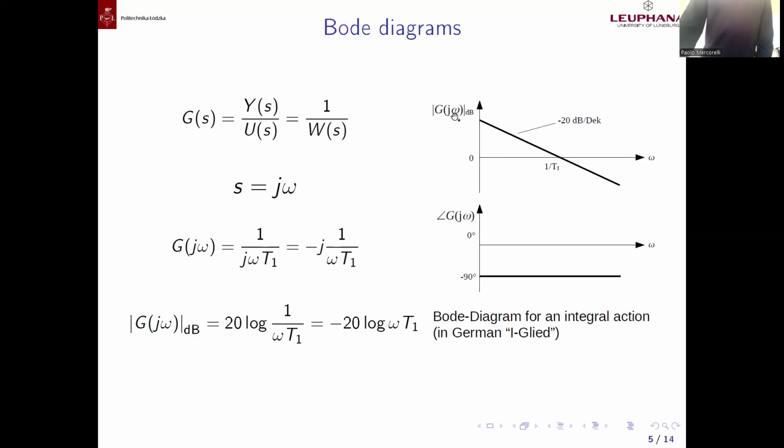But the reason why it's linear is basically related to the fact that this axis is a logarithmic axis. This means that I am considering here log of omega. I show you what I intend.